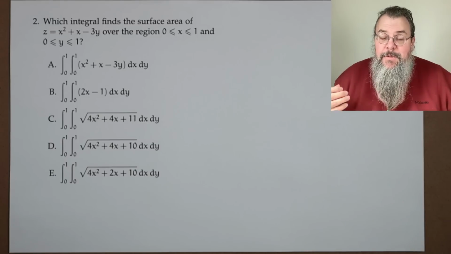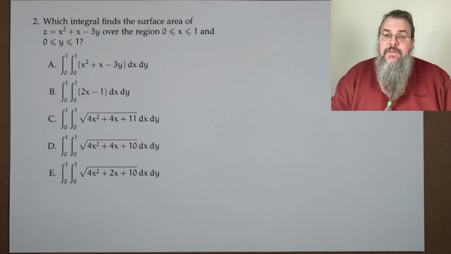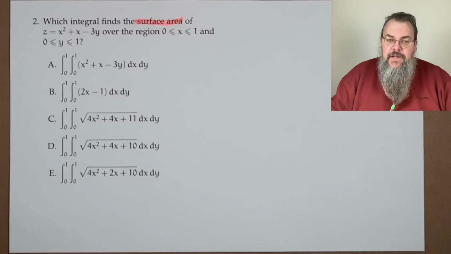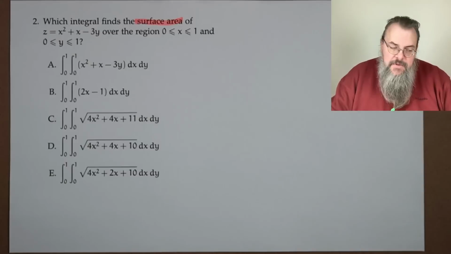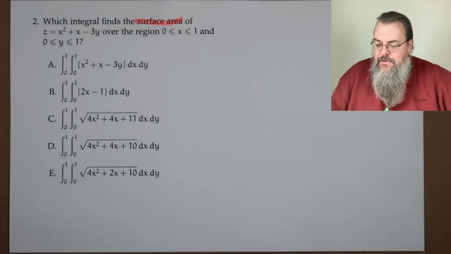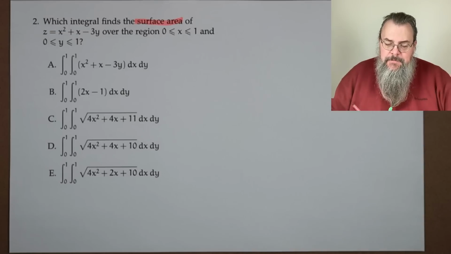So let's make sure we know what we're asked to find. This is asking us about surface area. All right, good. So in some sense, it's like the integral of 1 dSA. But where does that come from?